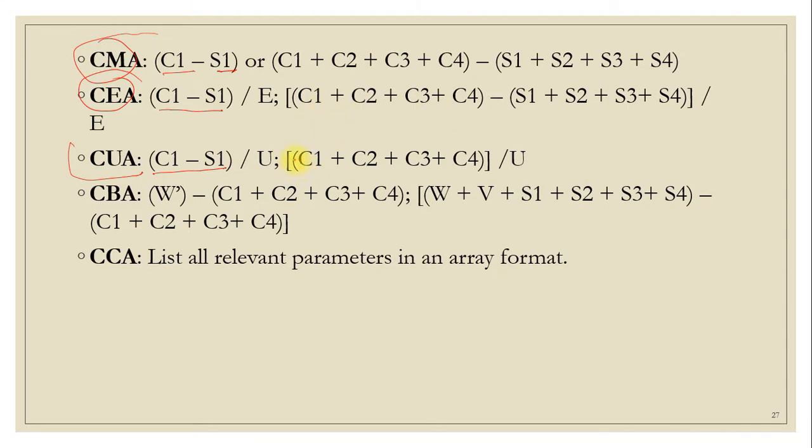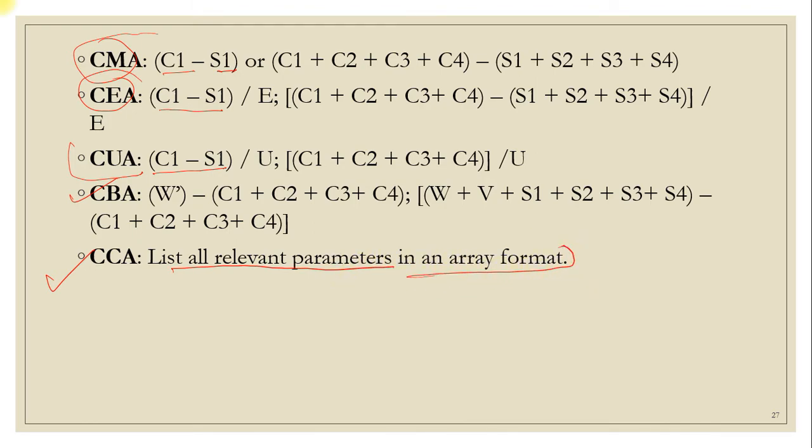Or alternatively it can be given as C1 plus C2 plus C3 plus C4 divided by U. Then we have CBA, it is W dash, the global willingness to pay, minus C1 plus C2 plus C3 plus C4, or it can also be given as W plus V plus S1 plus S2 plus S3 plus S4 minus C1 plus S2 plus C3 plus C4. And CCA, that is cost consequence analysis, lists all the relevant parameters in an array format.